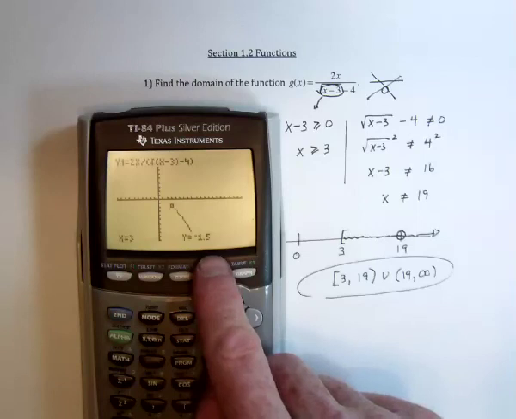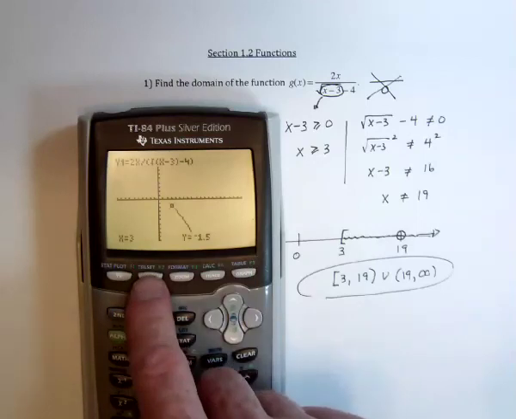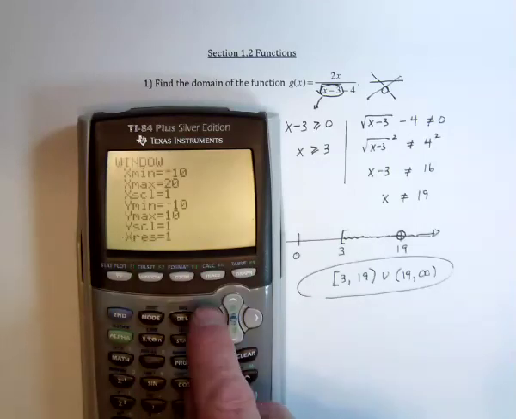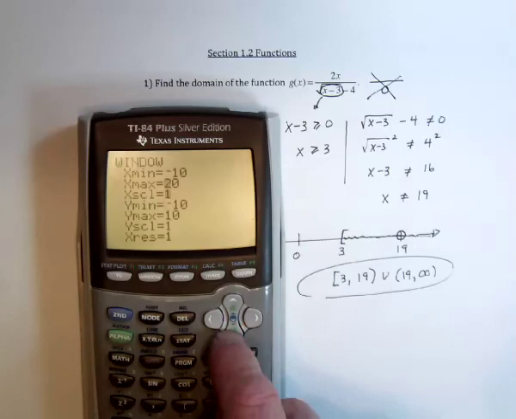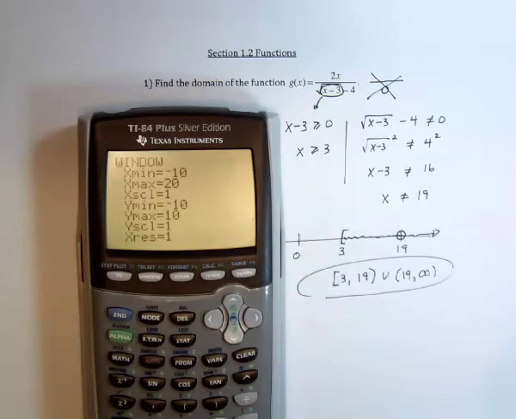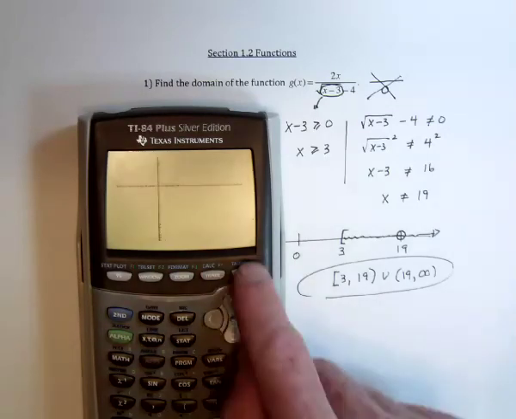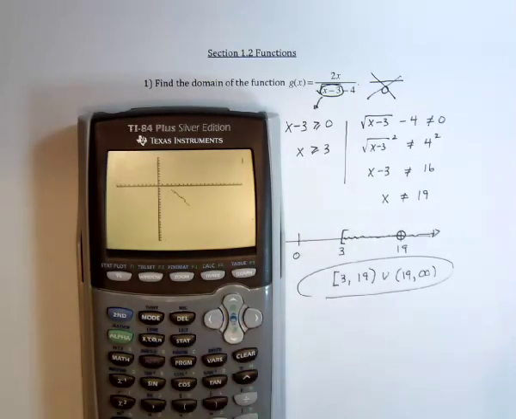Now I want to see the rest of the graph, so I need to change the window and change some of the y values to go lower. So negative 10 wasn't good enough, maybe negative 20. So the graph goes down.